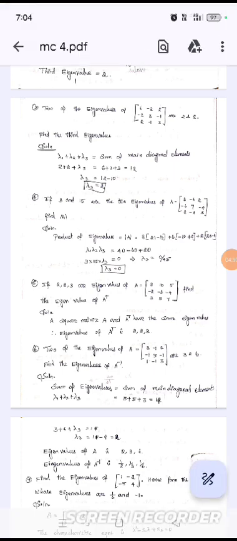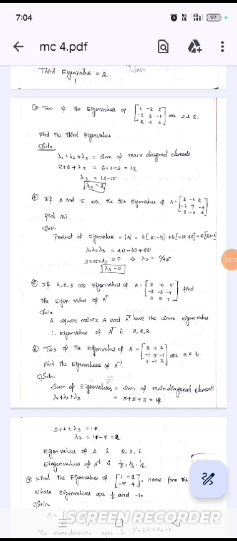Our given matrix main diagonal is 6, 3, 3. Adding these three numbers we get 12. So 2 plus 8 plus lambda 3 equal to 12. 2 plus 8 is 10, plus lambda 3 equal to 12. So 10 goes to the opposite side, and lambda 3 equal to 12 minus 10, lambda 3 equal to 2.